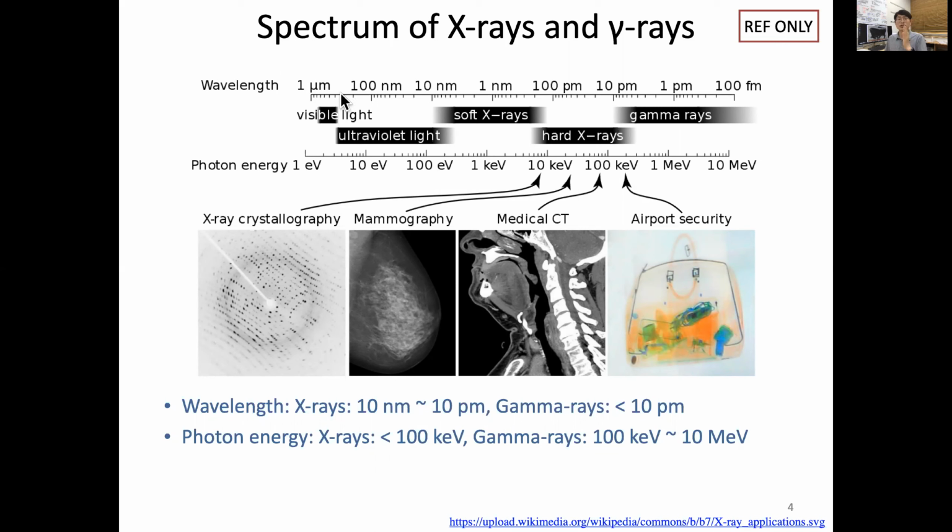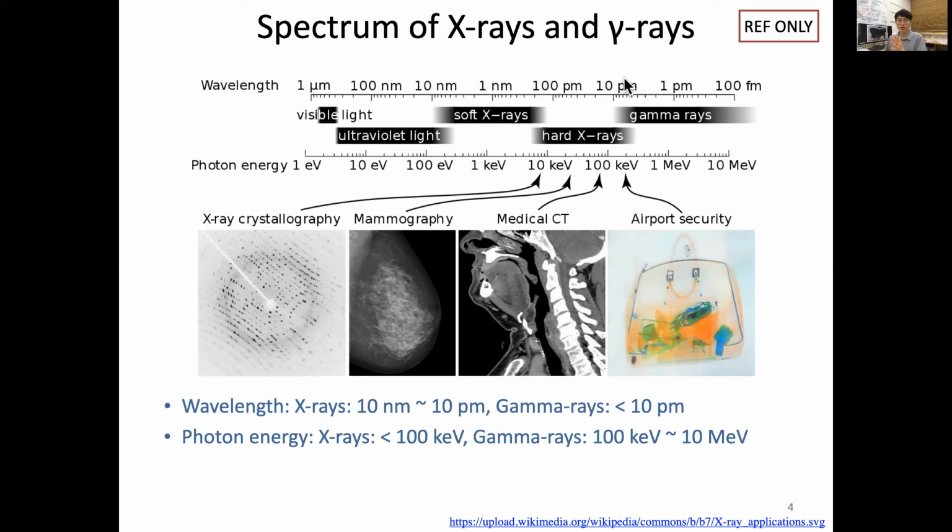However, a shorter wavelength, or from the energy point of view, higher photon energy, is UV light. And then about 10 nanometer to 100 picometer and 10 picometer, you see there are soft and hard X-rays. So the higher energy is hard X-ray.